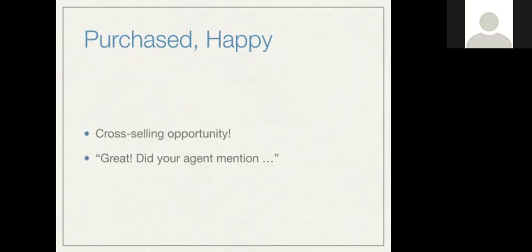Otherwise, one of the other agents that bought that shared lead is going to close it first, and then you're wasting money. So you'll find a lot of opportunities to kind of plug holes with cross-selling stuff, especially if you're running into clients that are older and are Medicare eligible. Obviously you can talk about MA stuff over the phone, but there's a lot of opportunities there to discuss senior benefits, especially in a situation like that.